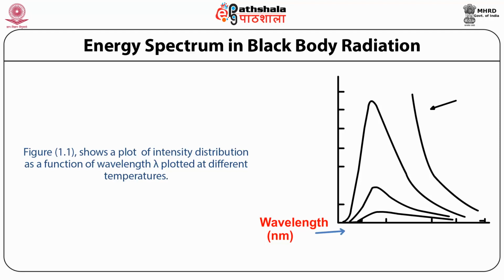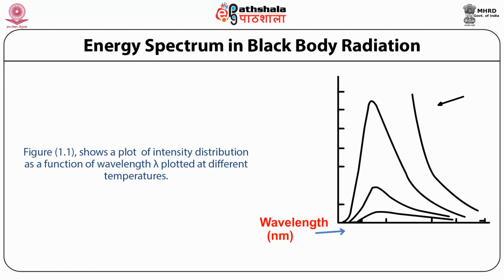Now, to obtain Planck's expression for the intensity distribution, we start by writing the mean energy per oscillator of frequency nu as U nu equals sum over n equals 0 to infinity of epsilon n n nu, where n nu is the number of oscillators with energy epsilon n in equilibrium with temperature T, given by the classical Boltzmann expression, n nu equals exponential minus epsilon n by kT divided by sum over n equals 0 to infinity of exponential minus epsilon n by kT.